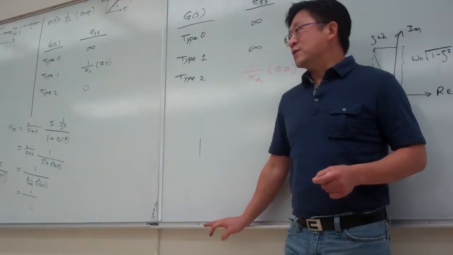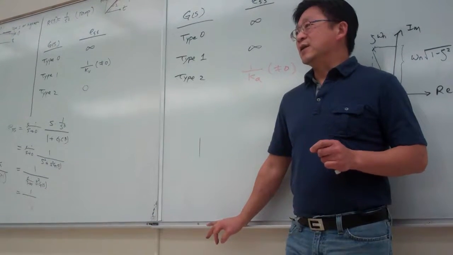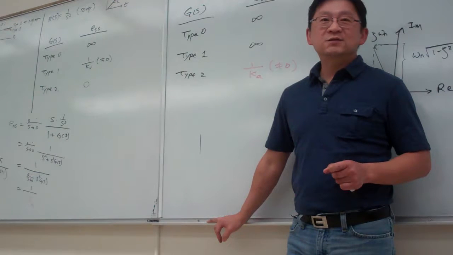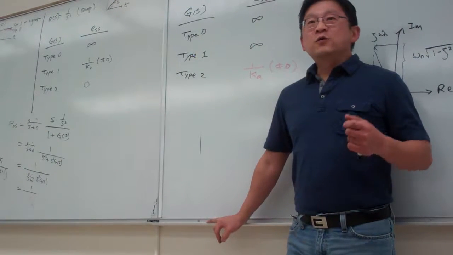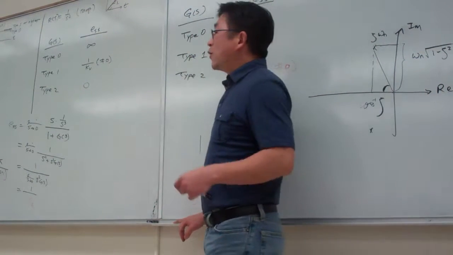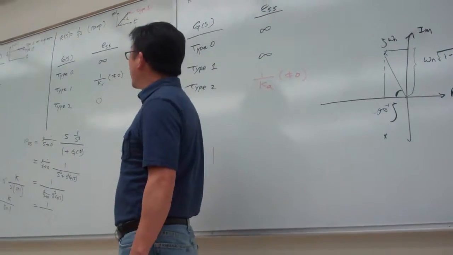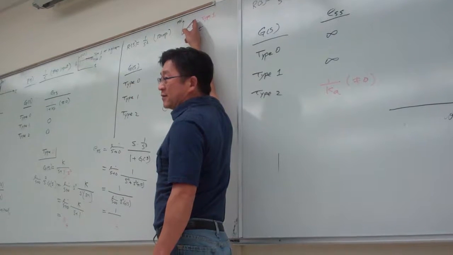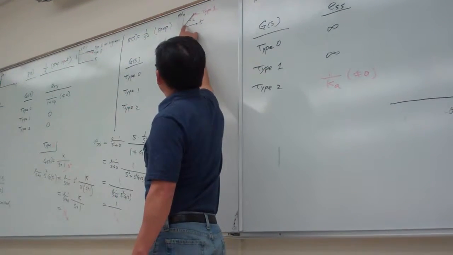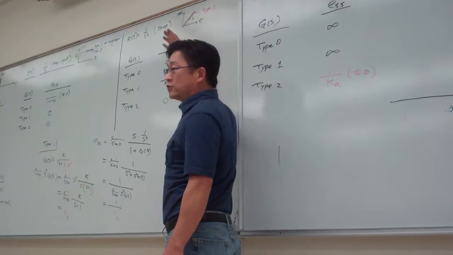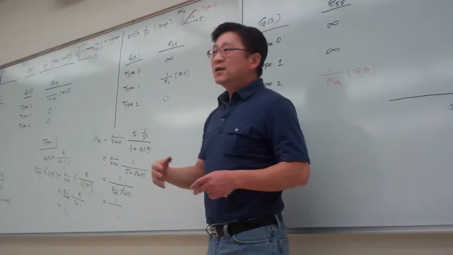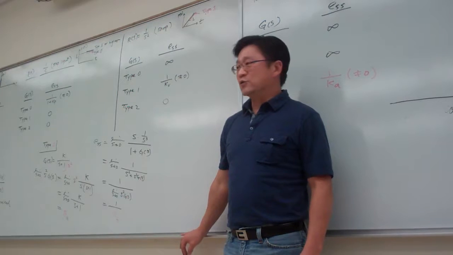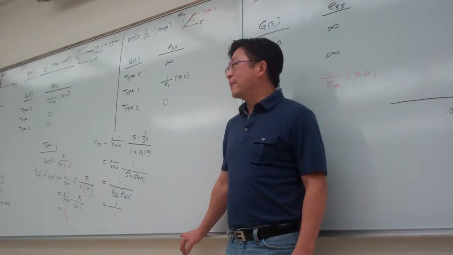For transfer functions, we don't care about the influence of the initial conditions. So for control systems, what we are concerned with most of the time is their perpetual behavior. How they approach it, what their transient behavior will be, is not our concern in control systems most of the time.